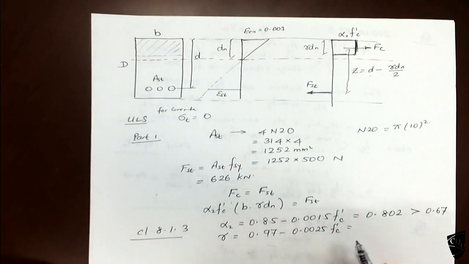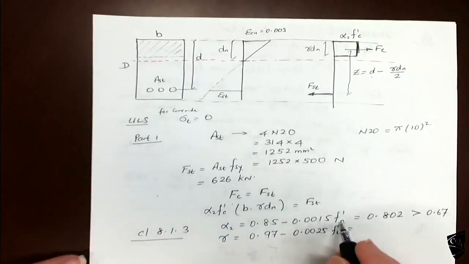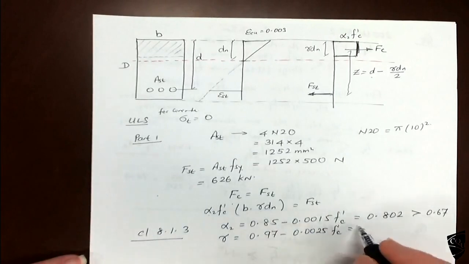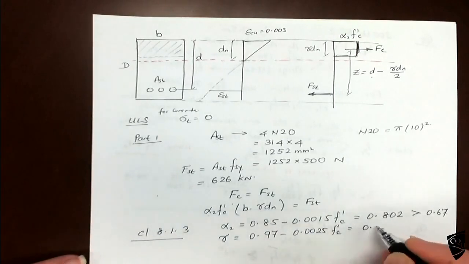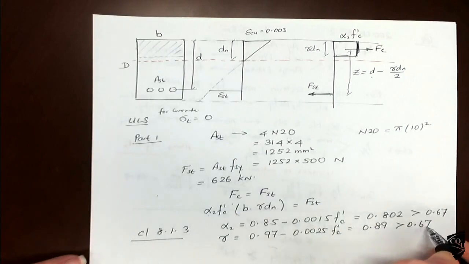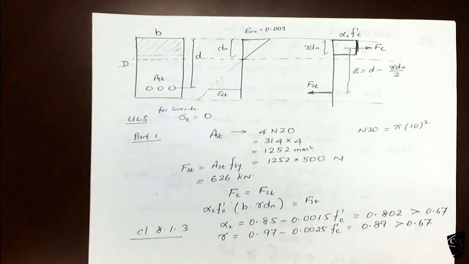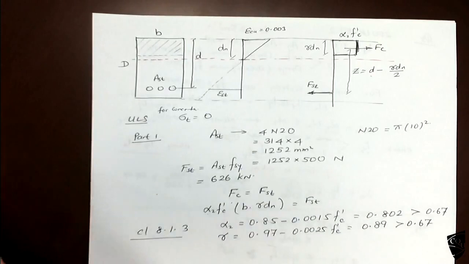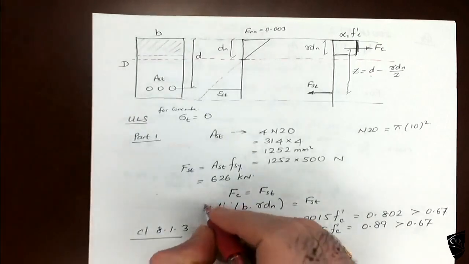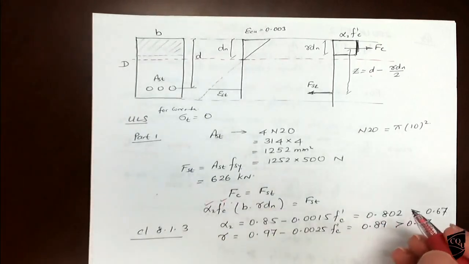F dash c is the concrete strength, that is given as 32 MPa. If you substitute 32, you will get 0.89. That also should be greater than 0.67. So we have these two. We know this value, 32.